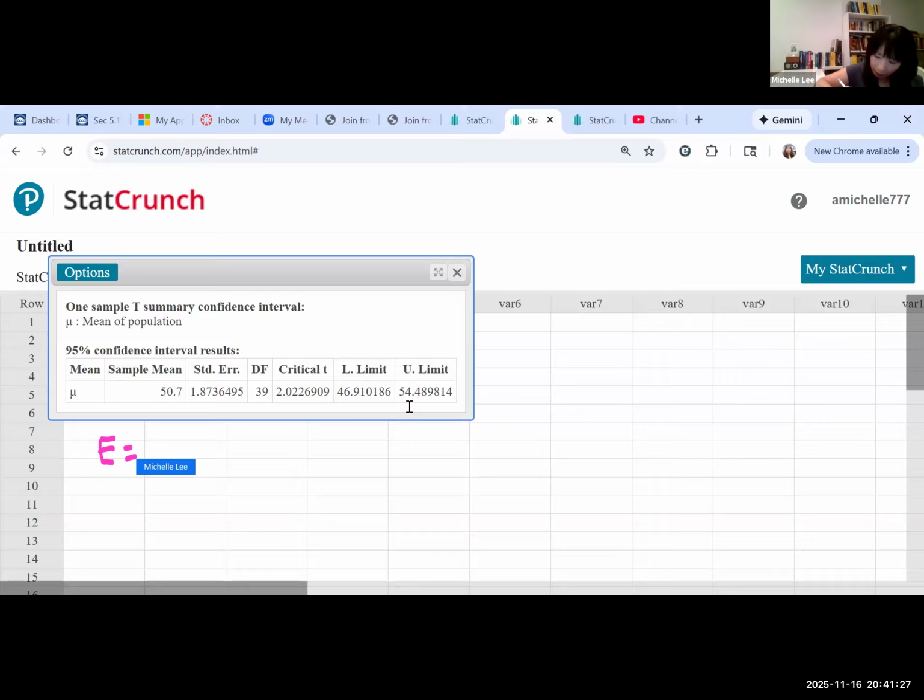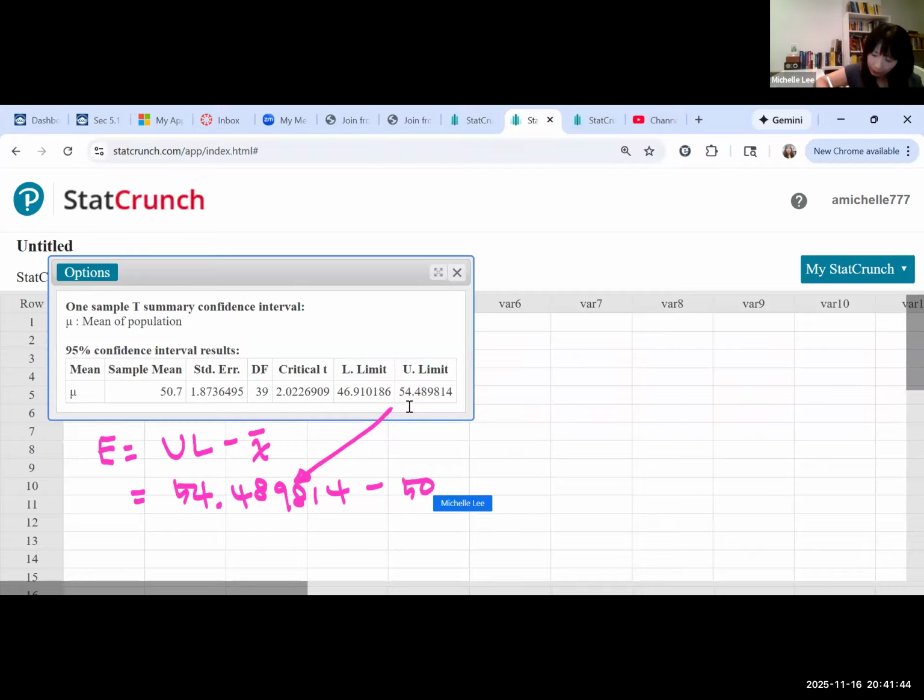So we can try from upper limit minus x bar, right? So that will be 54.489814 minus x bar 50.7. Yeah. Let me calculate.